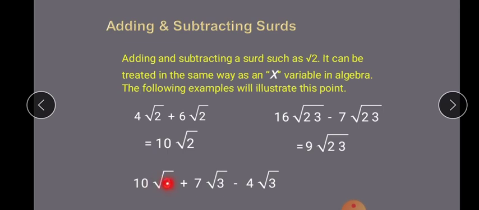So let us add first. 10x plus 7x will give us 17x. Then 17 minus 4 is how much? 13. So 13x. And what was x? x was root 3. So the answer is 13 root 3.